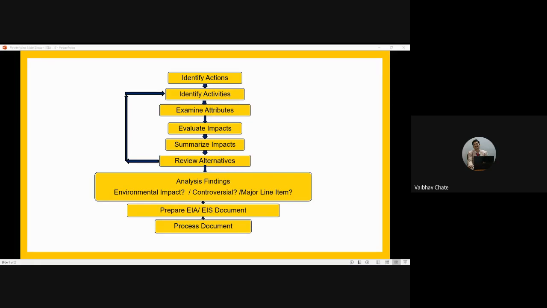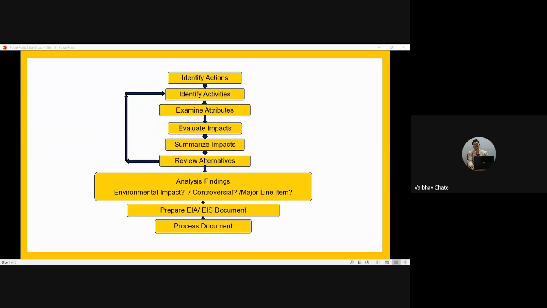So it consists mainly of the environmental analysis, wherein we showcase the impacts, interpret the results, and evaluate those impacts. If these impacts are going to be environmentally controversial, or cause significant environmental impact, in that case we consider the remedial measures. So the EIA report consists of all these things.